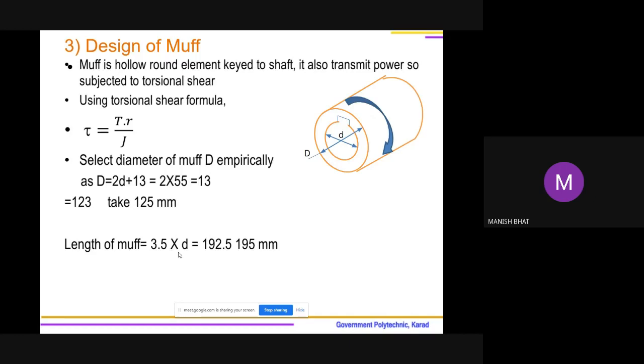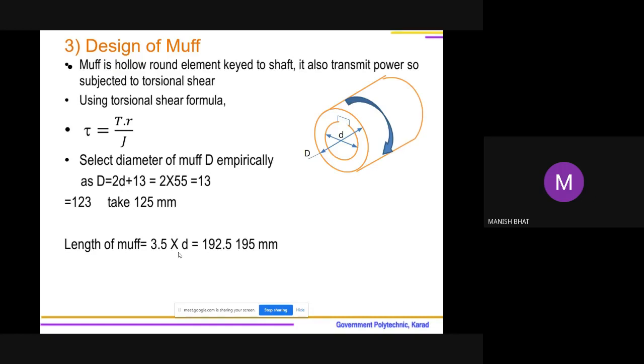When you twist it, you will find that it gets twisted. So twisting action occurs, that is the torsional shear, and that is estimated by using the torsional shear formula, tau is equal to TR divided by J.